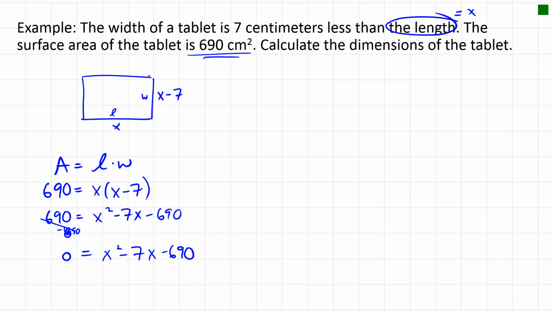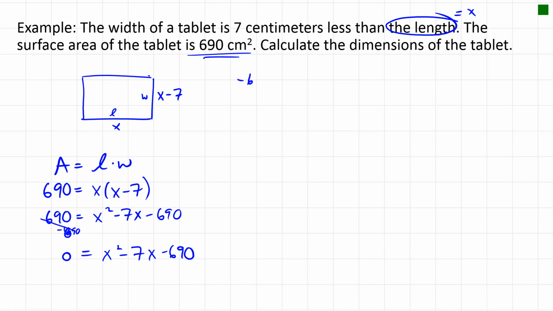It's possible that this has a decimal solution that we can only find with the quadratic formula. But before I resort to using the quadratic formula, I'm just going to try to find a few factors of 690 in my calculator. So I'm just going to divide it by some different options. And I got super lucky. I said 690 is probably divisible by 30.